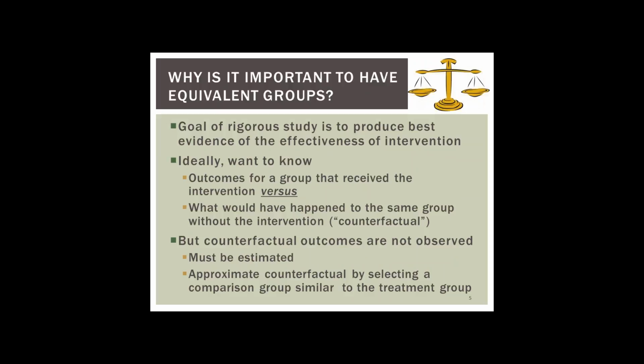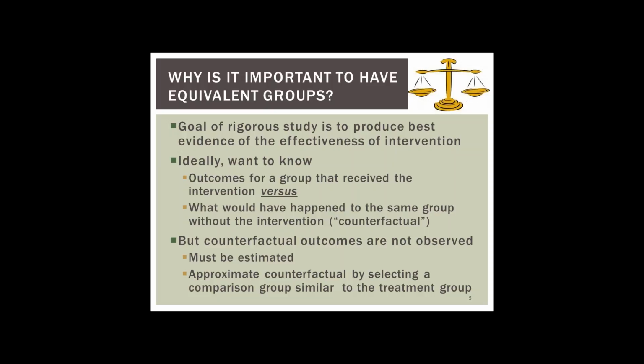So why is it even important that we have equivalent groups? The goal of any rigorous study would be to produce the best evidence of effectiveness that we can produce. And ideally, we'd probably want to use a randomized controlled trial to do so. However, in some cases, it's not always feasible to do randomized controlled studies. And so what we ideally want to do is measure the outcome that the group that received the intervention received, and we also want to compare that outcome to what would have happened to the same group without the intervention.